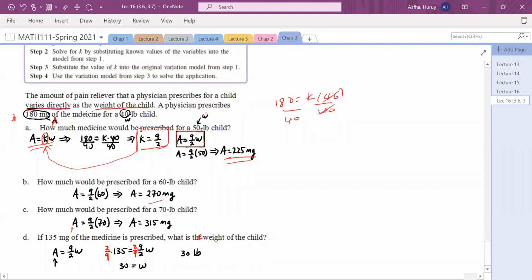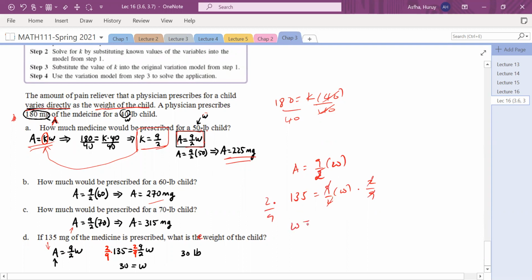We are given the value of A, but we don't know the value of W. So we plug this value in here, and we have the formula A equals 9/2 W. So we have 135 equals 9/2 W. We multiply both sides by 2/9 so that we get rid of this.